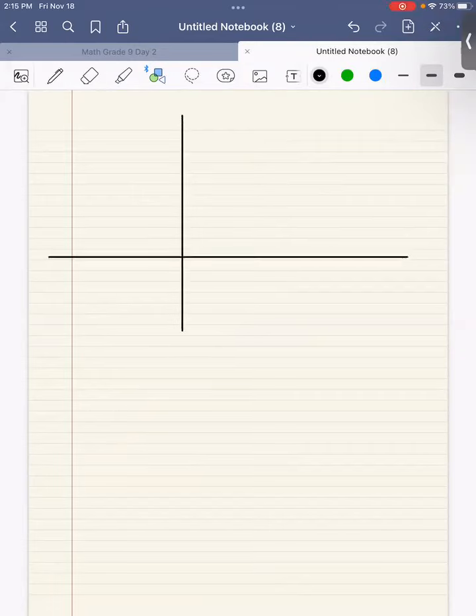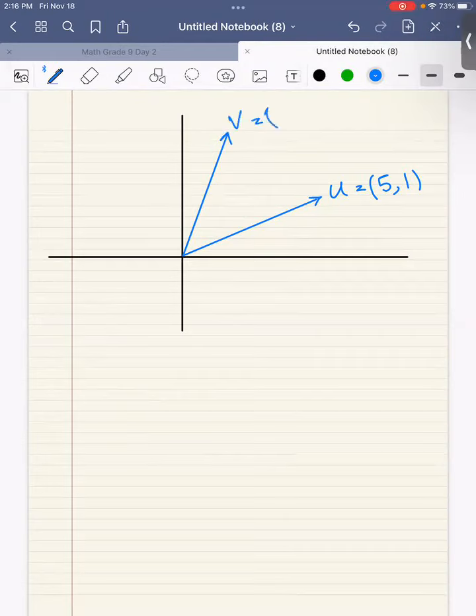Imagine that this is U and we have another vector V. U is equal to (5, 1) and V is equal to (2, 4). Okay.